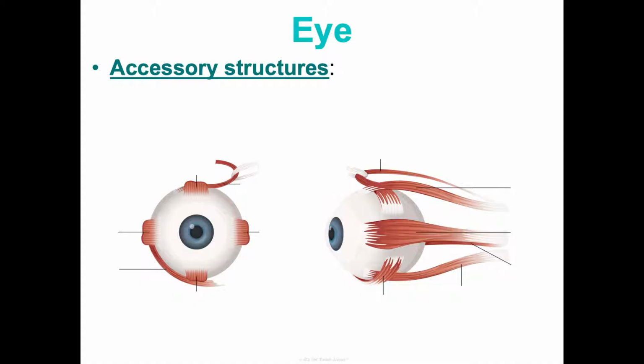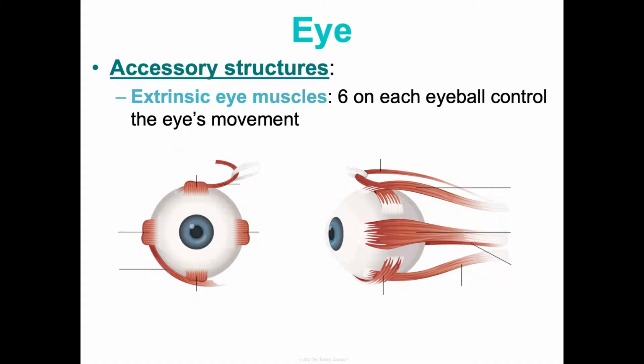Another thing on the outside are those 6 extrinsic eye muscles on each eyeball that control your eye's movement, which honor students, we talked about some of the nerves that control these muscles at the end of concept 1. But you've got the superior rectus, which elevates and turns the eye medially.